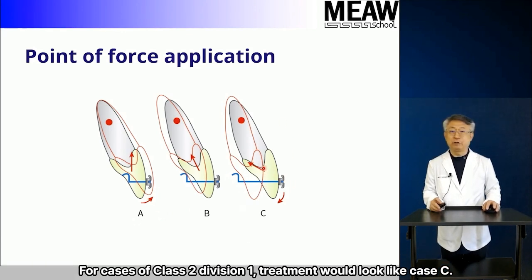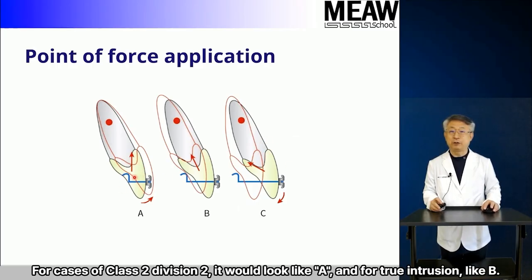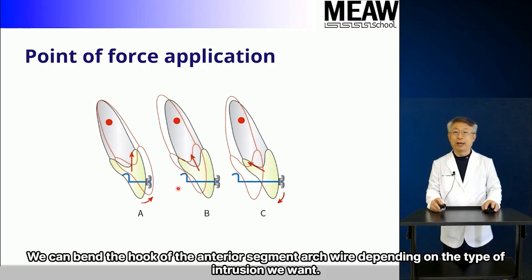For cases of Class 2 Division 1, treatment would look like case C. For cases of Class 2 Division 2, it would look like A, and for true intrusion, like B. We can bend the hook of the anterior segment arch wire depending on the type of intrusion we want.